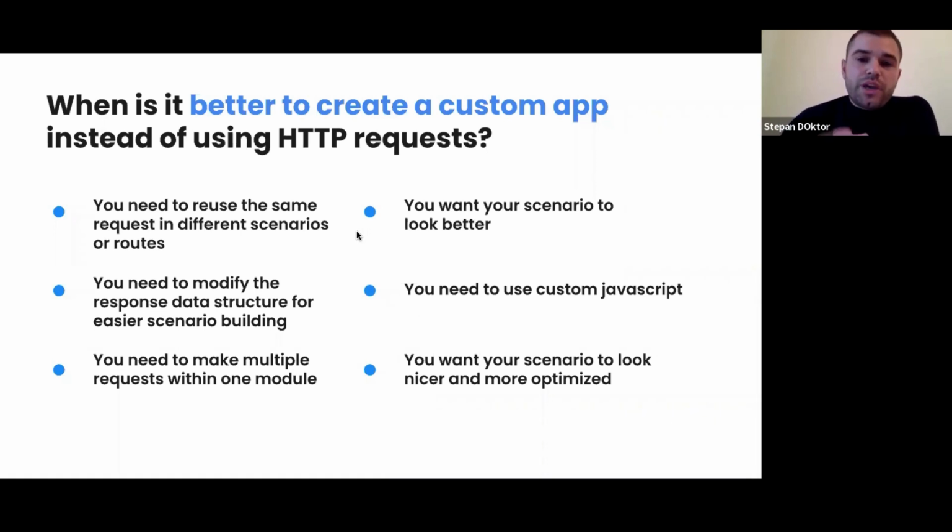In custom apps, you can create a module which will make 2, 3, 5, or even 10 requests to some endpoints, and will return back all the data from all those endpoints. And of course, it's better to use a custom app even if you just want your scenario to look nicer and more optimized.